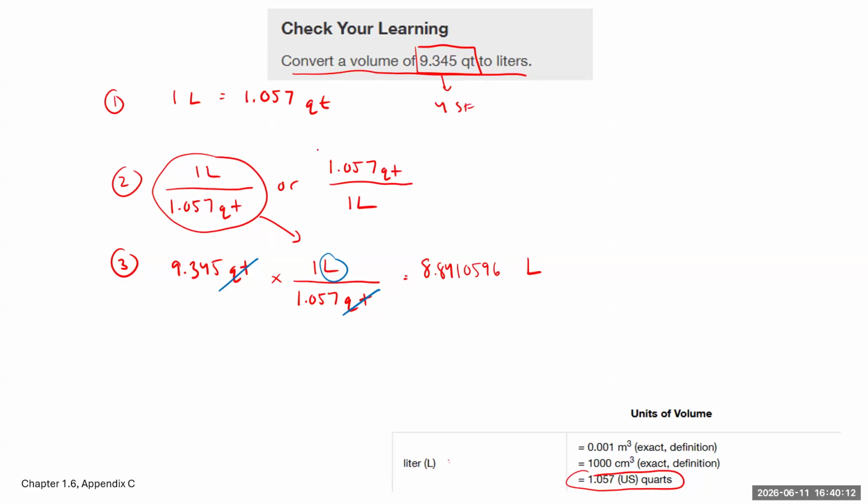Remember, we're not using the conversion rate for sigfigs. We're going to cut this off at 4 here. So it's going to be 8.841 liters. And this has 4 significant figures.